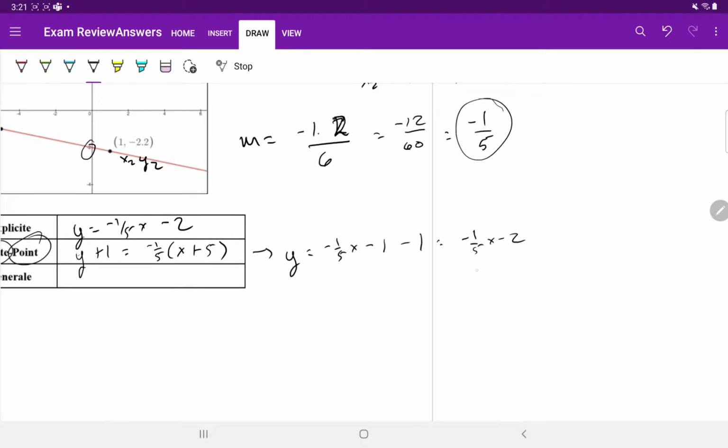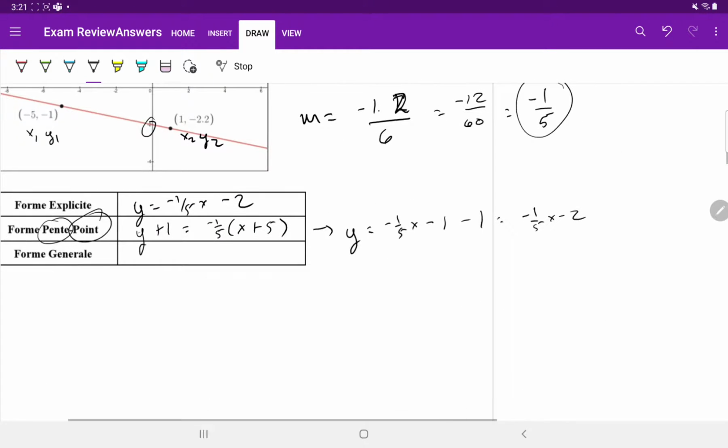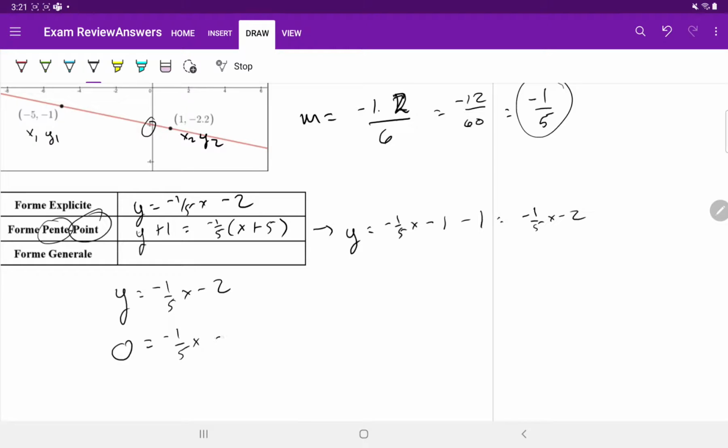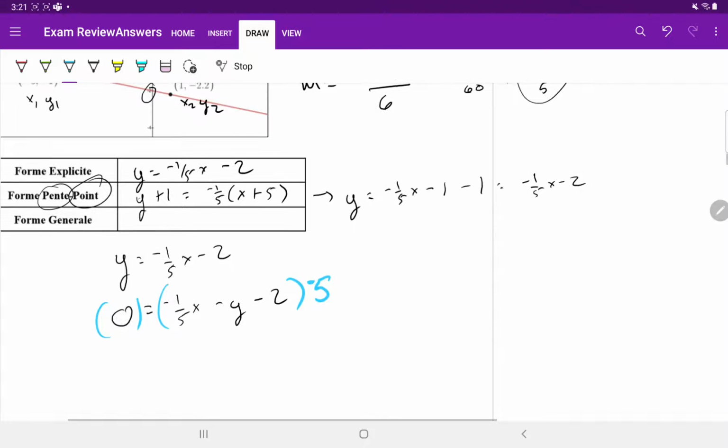And finally, general form. I want to isolate, so let me write it down here. y equals negative 1/5 x minus 2. I'm going to move everything to one side, so 0 is equal to negative 1/5 x minus y minus 2. I want to multiply both sides by 5 to get rid of that fraction, and I'm also going to make it a negative 5 because I don't want a negative x leading.